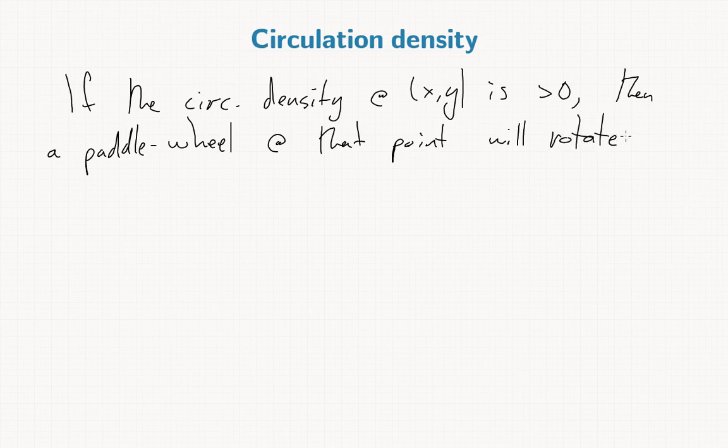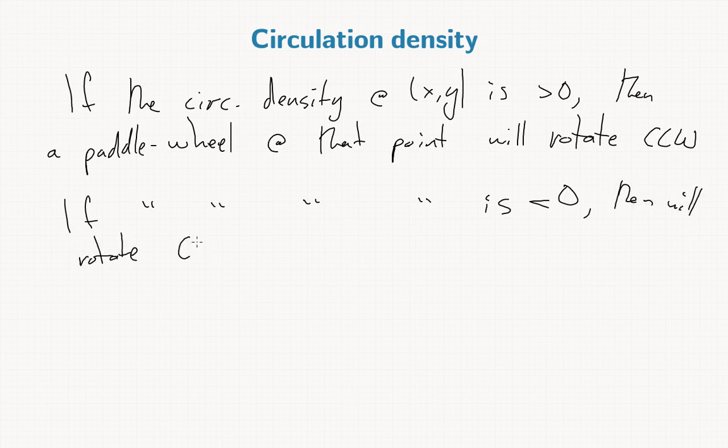Imagining this is like a river or some kind of fluid, it will rotate counterclockwise. Whereas if the circulation density is negative at a point, then it will rotate clockwise at the point.